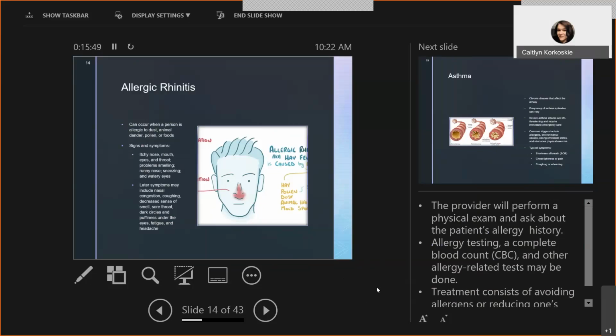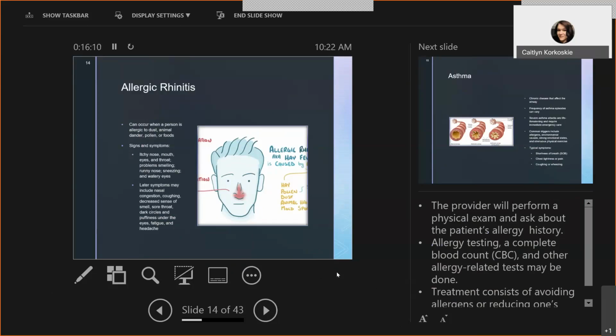They'll have an itchy nose, eyes, and throat. They'll usually have watery eyes and sneezing, and they might have redness to their nose, but that's not always as prominent. They'll have lots of congestion and coughing.